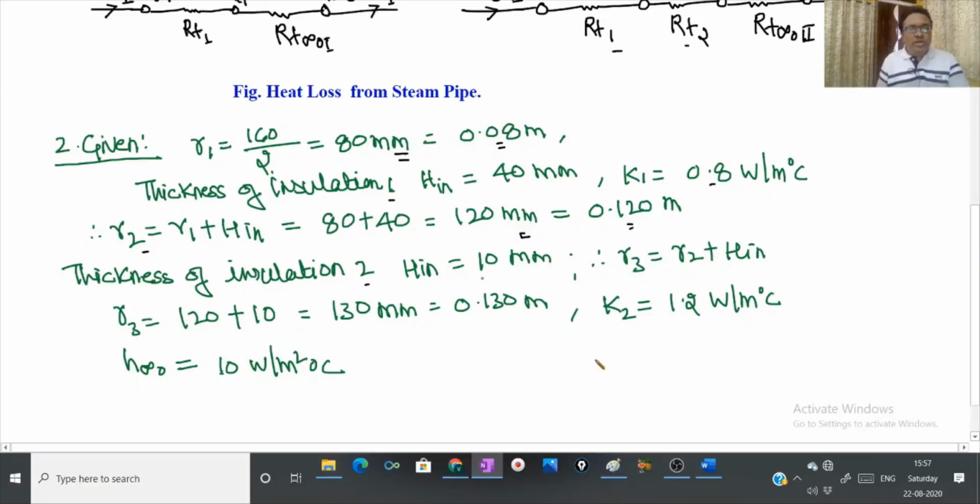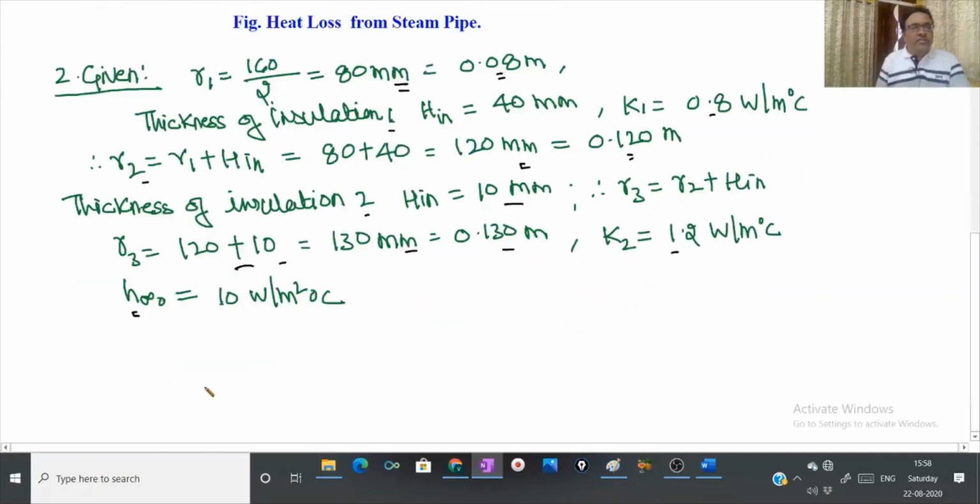Thickness of insulation 2 is given as 10 mm. So the outer radius of insulation 2 will be 120 plus 10, 130 mm, that is 0.130 meter, and its thermal conductivity K2 is given as 1.2 watt per meter degree Celsius, and the convective heat transfer coefficient of the surrounding fluid to which the entire pipe and insulation system is exposed is given as 10 watt per meter square degree Celsius.